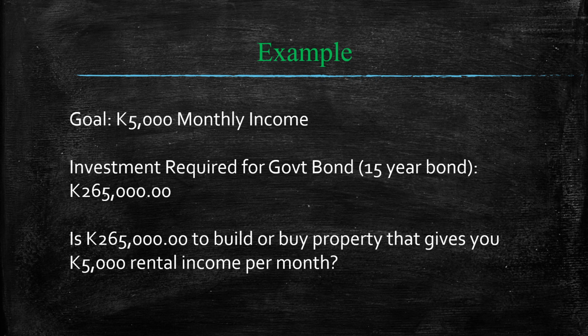Which one of these two will give you a monthly income of 5,000 kwacha with very minimal investment in terms of amount?